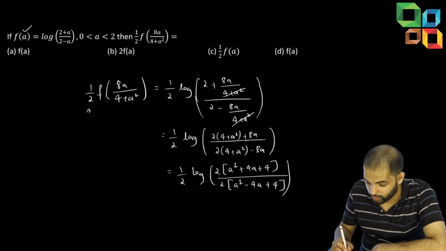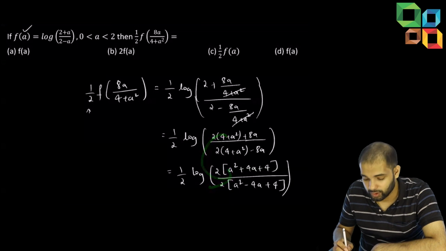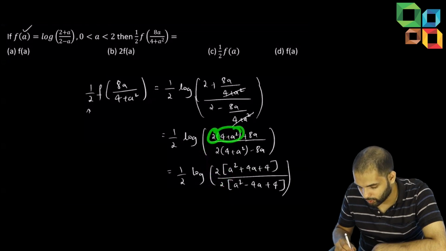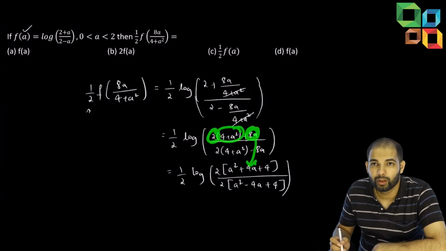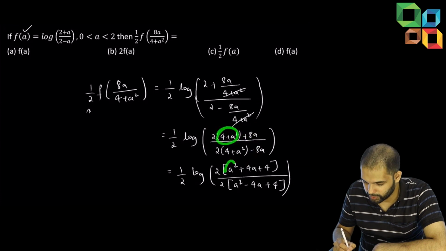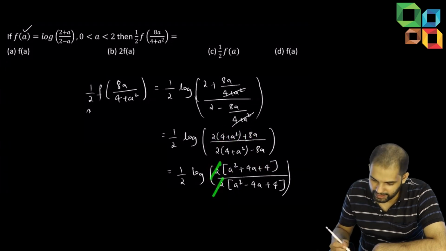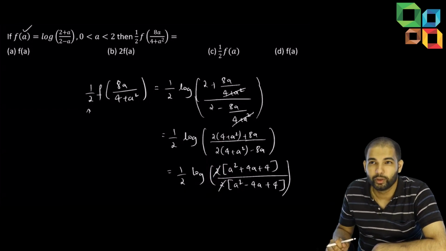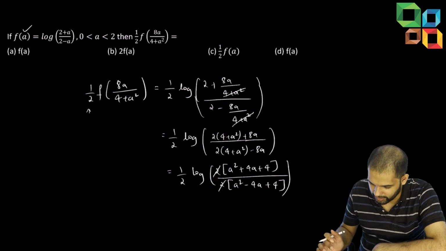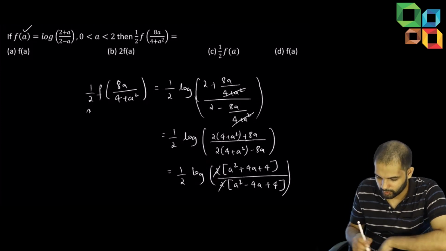If you have a doubt about how I directly wrote this, see, 2 was outside here, so I took 2 common from this side also, and this became 4a. a square plus 4 was anyway there. Instead of multiplying with a square, I can simply cancel that off. Because all were even numbers, I thought 2 is common, let's just cancel it out.